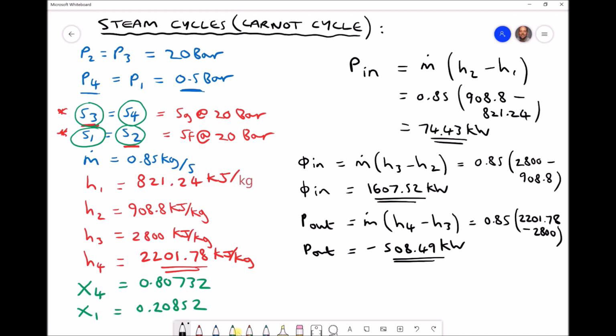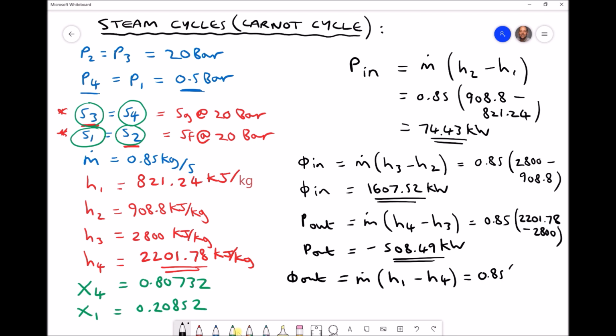Our final process then is the heat out, which occurs at the condenser. Now once again this is going to be negative because heat energy is leaving the working fluid, but we can prove this. We have the mass flow rate. At the exit of the condenser we have position 1, so H1, and at the entry we have position 4.